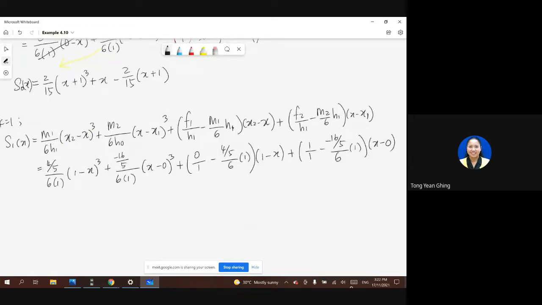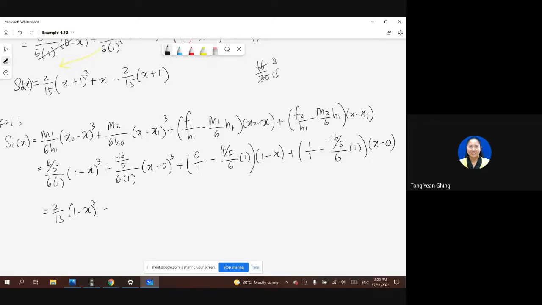So expand, solve. So this one is 1 over 15, 1 times X power of 3. Oh, what do we get here? This one, 16 over 5 times 1 over 6, 16 over 30, 8 over 15.